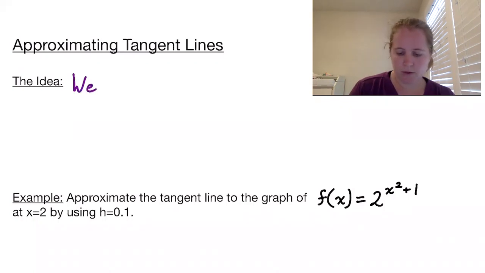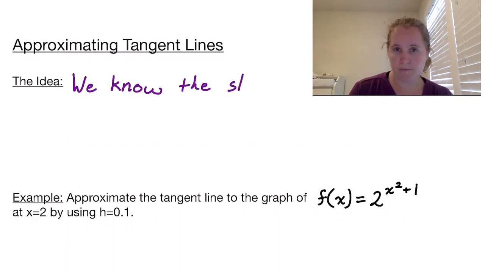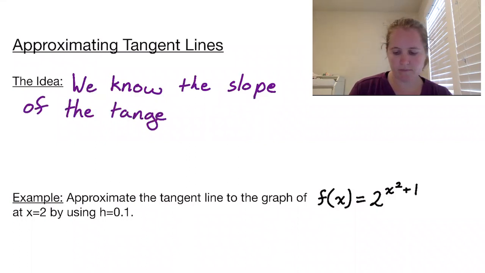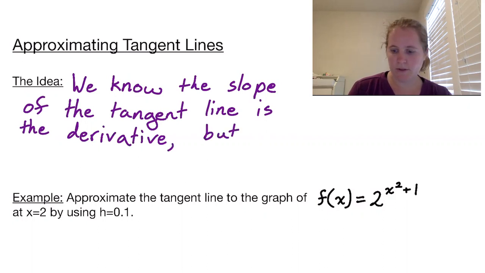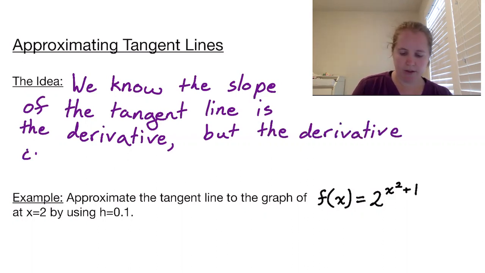So we know the slope of the tangent line is the derivative. But the derivative can be hard to find.